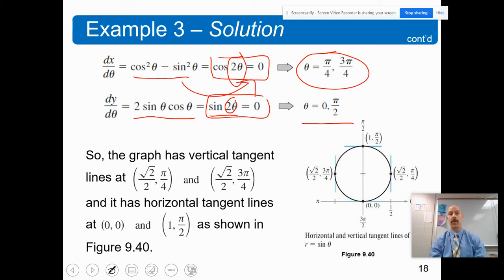So the change there, we want to set that equal to 0, so there's no change in the y. Does that make sense? I hope that makes sense. So here we're dealing with no change in x. Here we're dealing with no change in y. So if there's no change in x, then that means it's going to be a vertical line. If there's no change in y, that makes it a horizontal line. And so we can see there's 4 total, 2 horizontal and 2 vertical.